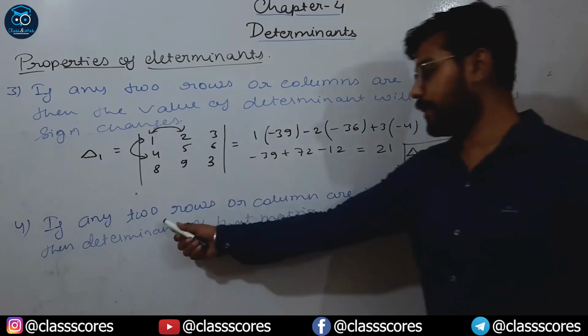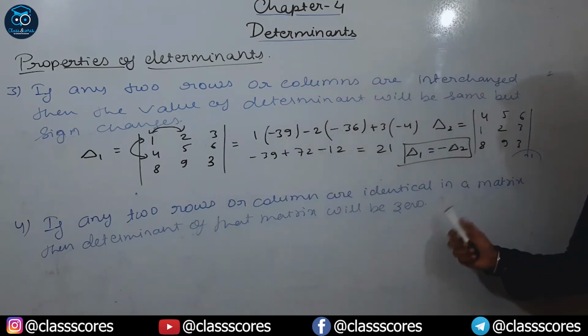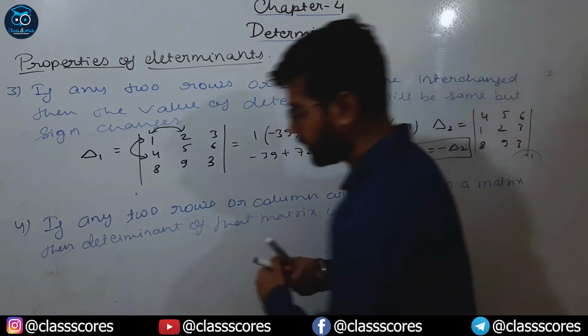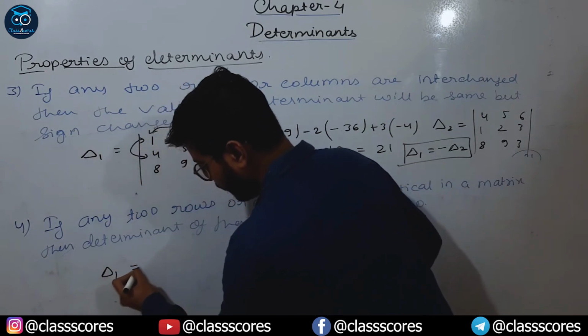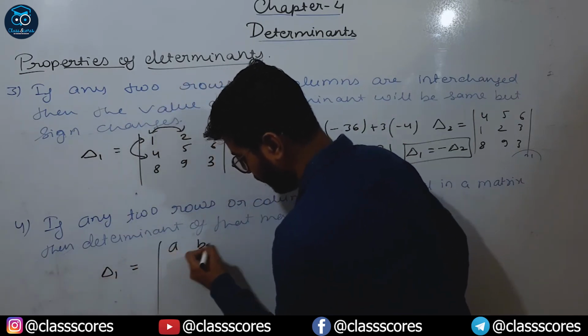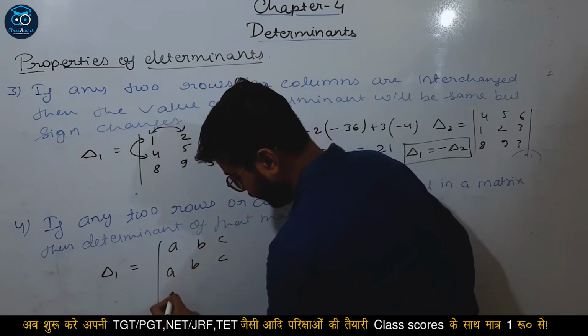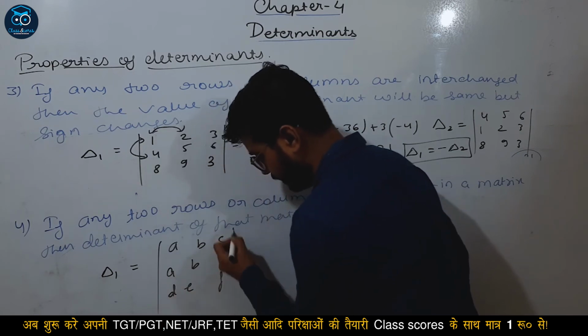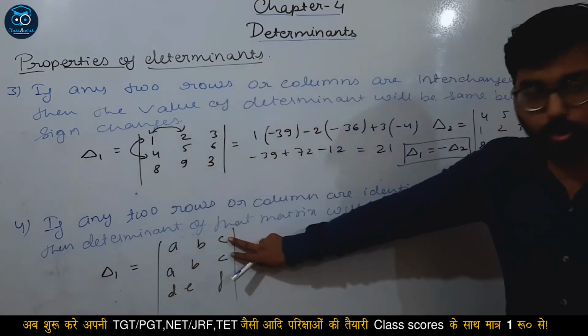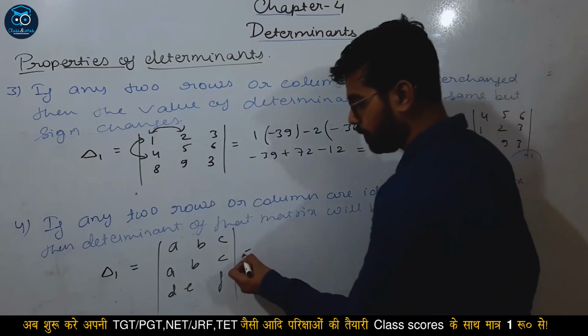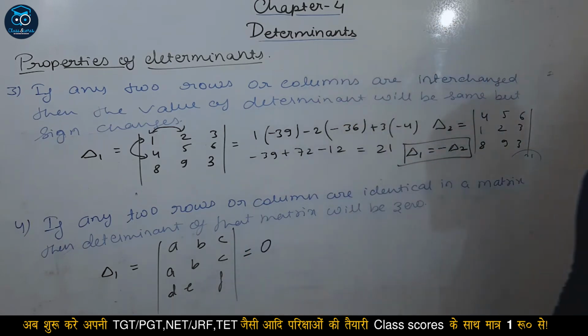Means when any two rows or any two columns are identical, for example, a delta is given A, B, C, D, E, F. Here two rows are identical, then we can simply say the determinant of this is 0. Clear?